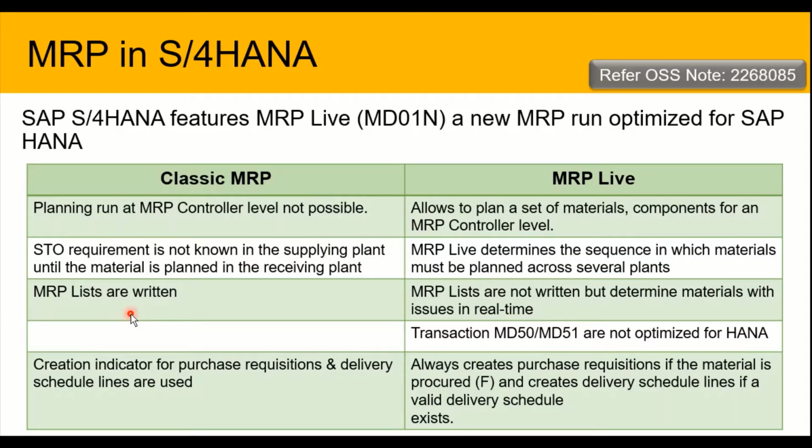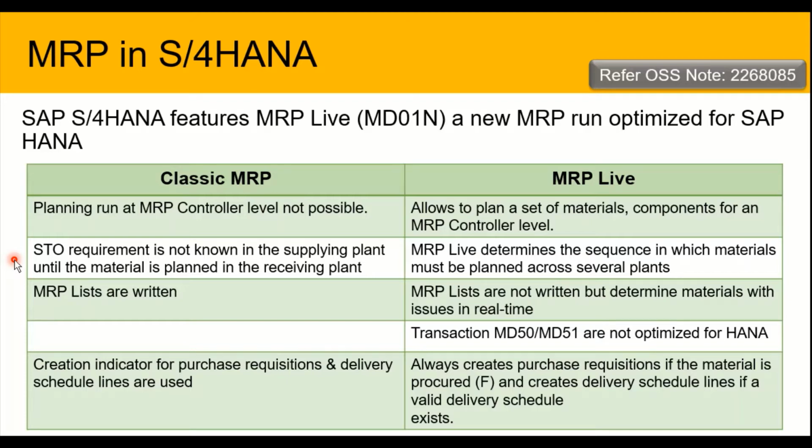In the classic MRP, the second point is on the stock transport order requirements, which are not known in the supplying plant until the material has been planned in the receiving plant. Which means that there is a special procurement key that has been enabled in the receiving plant, and they will be planning the raw materials that should be provided by the supplying plant, right?